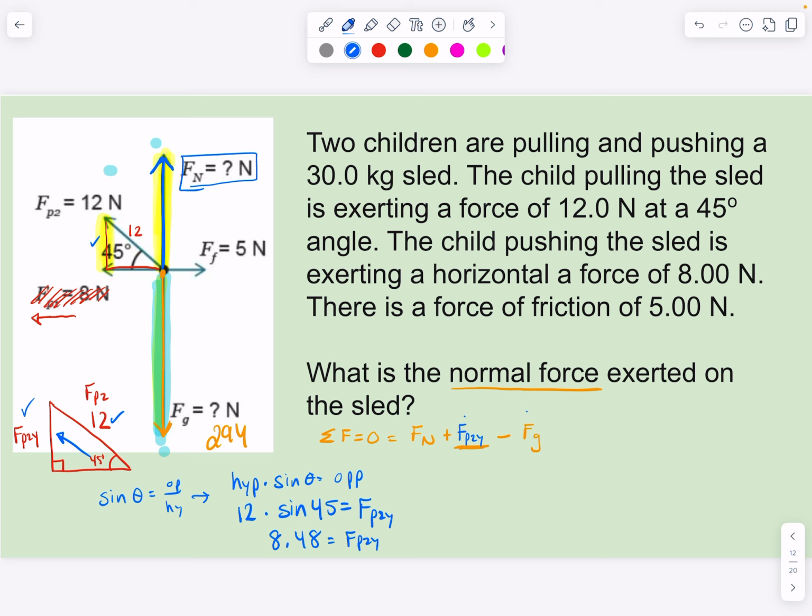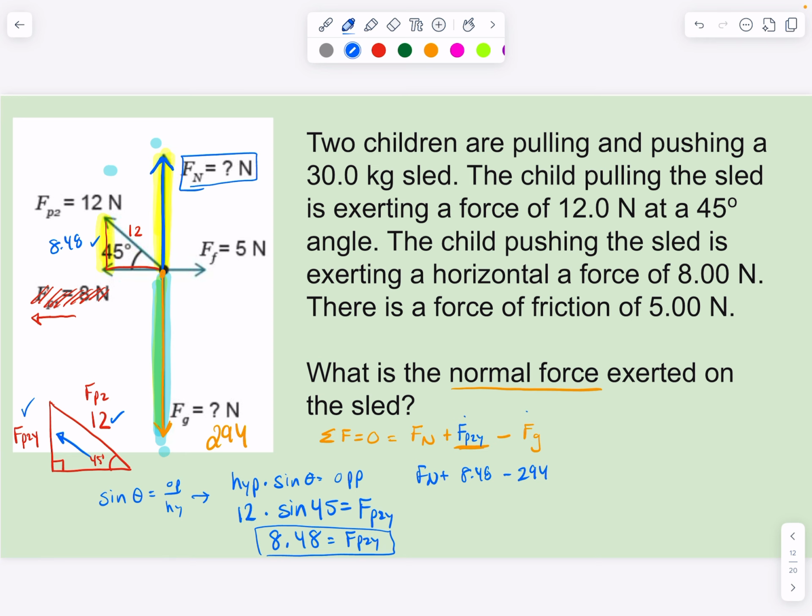Now that I have this value of what FP2y is, 8.48, I know that my FG is equal to 294. My FP2y is 8.48, and the Fn is what I don't know.